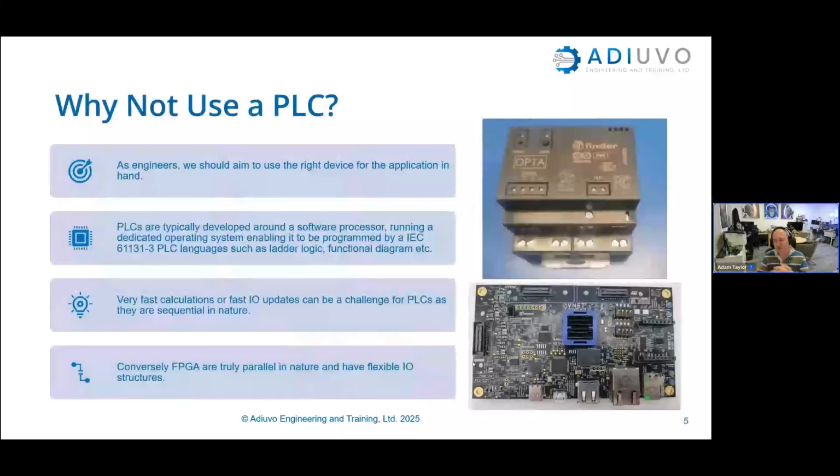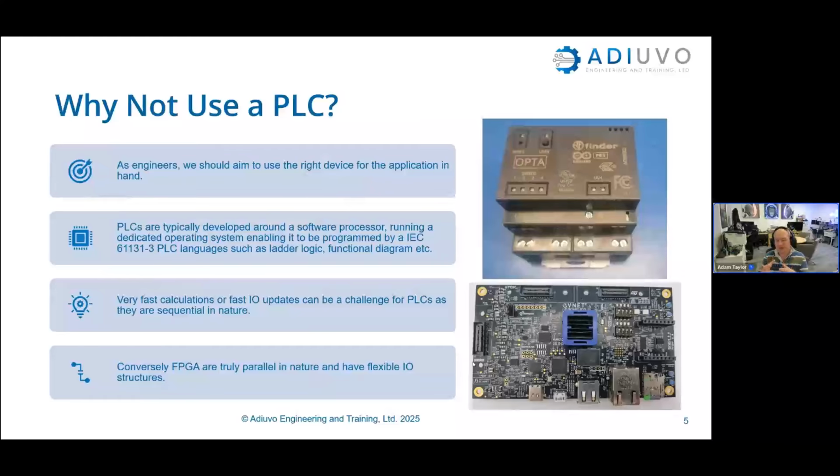Now, one of the challenges that we get when we think about doing industrial control is why not use a PLC? And as engineers, we're typically paid to pick the right application for the task in hand. So for some applications, a PLC is sensible. They're typically software processors that run a dedicated operating system.